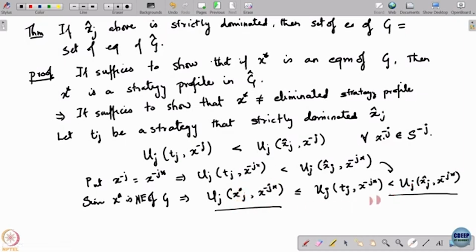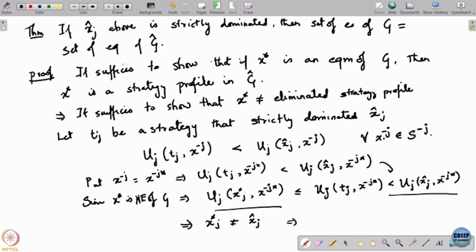We are still looking at uj, the inequality is because of this x star j and x hat j. It means that these two could not have been equal, because if they were equal, then you could not have gotten a strict inequality here, which means that x star j is not equal to x hat j.